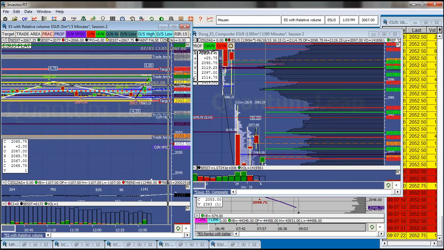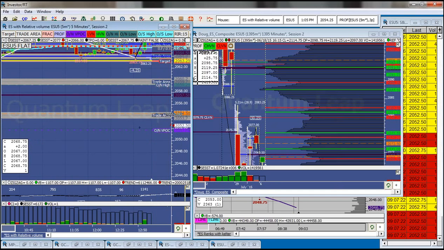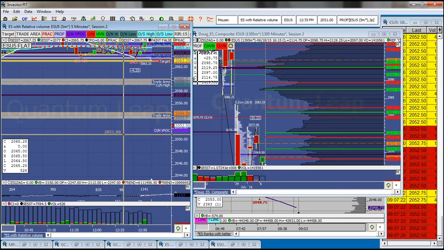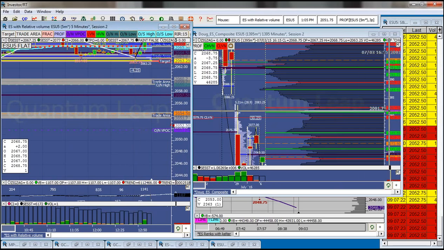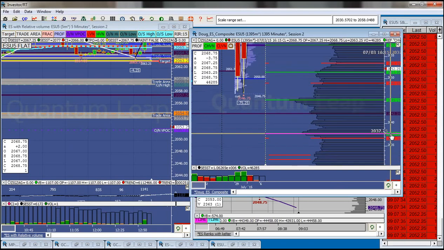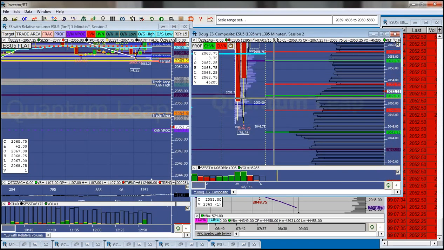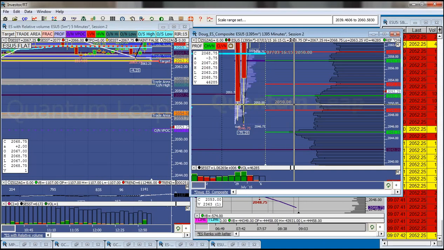To the downside, as long as we stay below this 54 area, our first target below is that 5150. That's our CHVN, and you've got the former microcomposite VPOC at 5175, and then just below it you have the 5-day value area low here at 50.